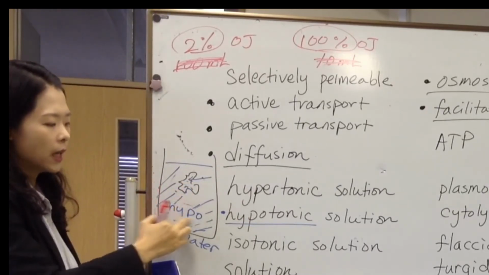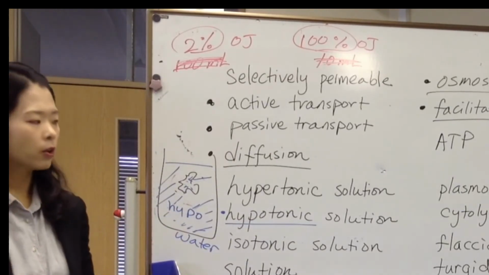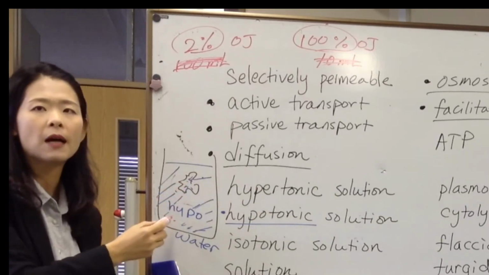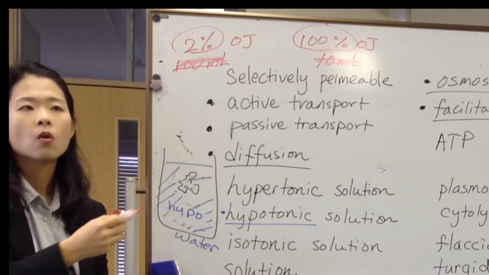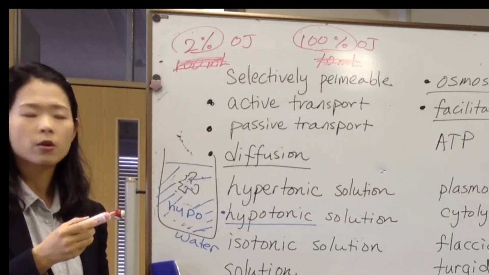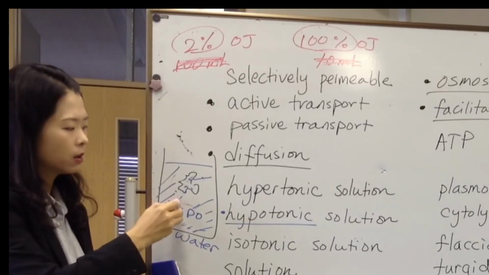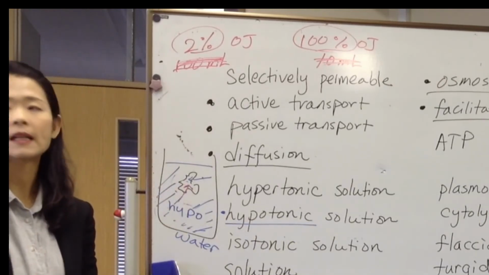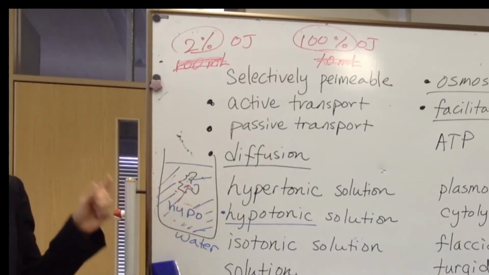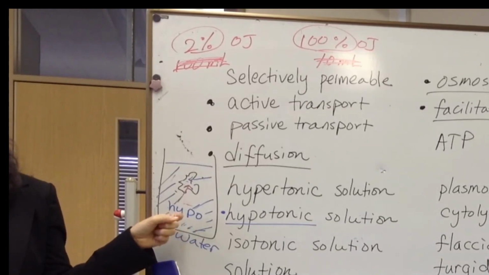We can say that the water in the beaker is a hypotonic solution. So what did we say earlier? When the cell is in the hypotonic solution, water moves from where? From the beaker into the cell, right? That's how the cell responded. This cell responded by gaining water when it was sitting in a hypotonic solution.